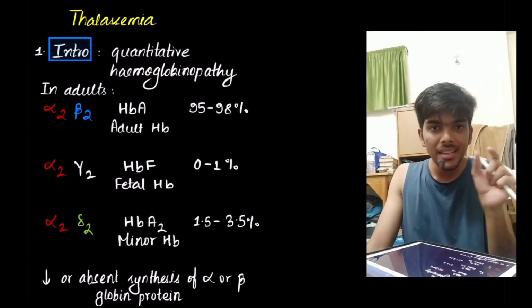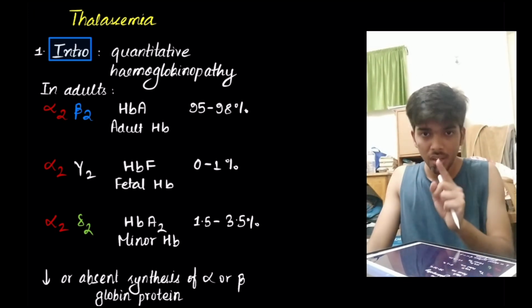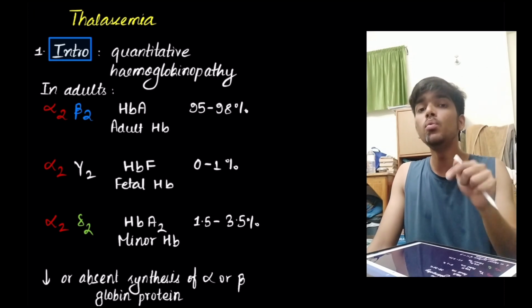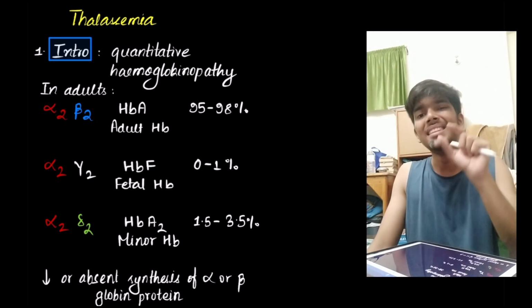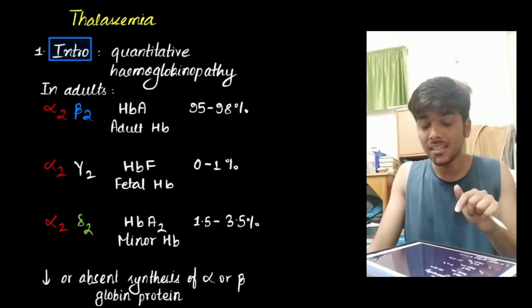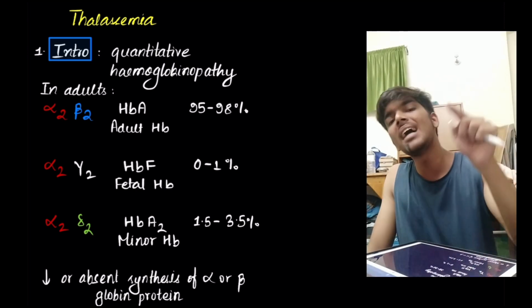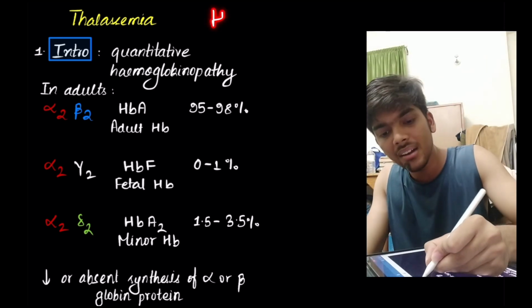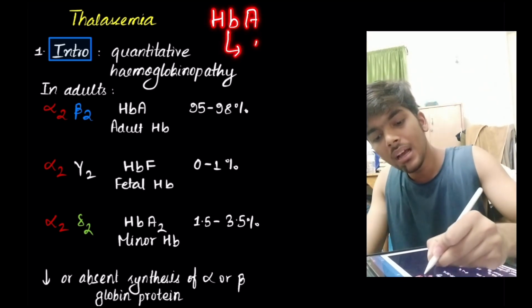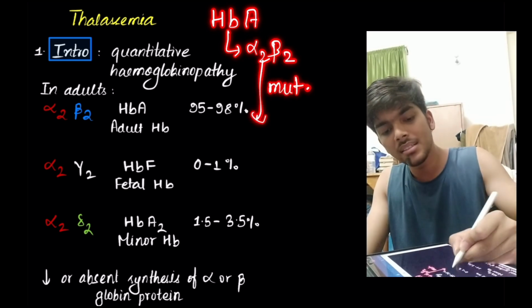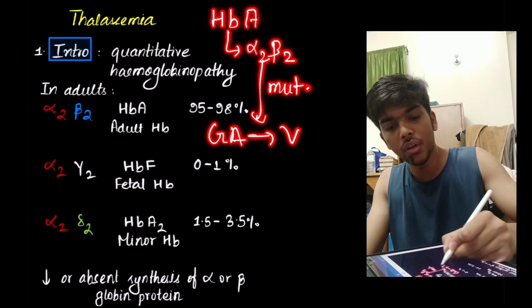That is, in a beta chain, at the 6th position, the amino acid present is glutamic acid. But due to point mutation, this glutamic acid is substituted by valine. As a result, mutation occurs in the beta chain itself. So, you had your normal hemoglobin or the adult hemoglobin containing alpha 2, beta 2. However, mutation occurs such that glutamic acid is substituted by valine.